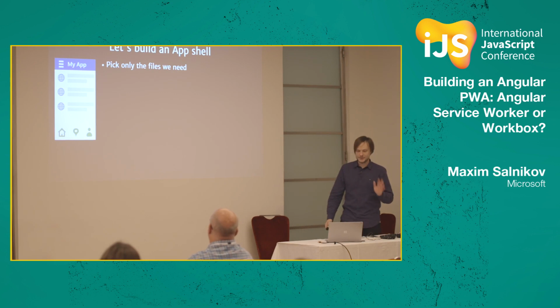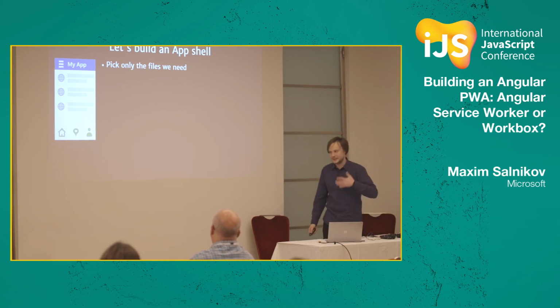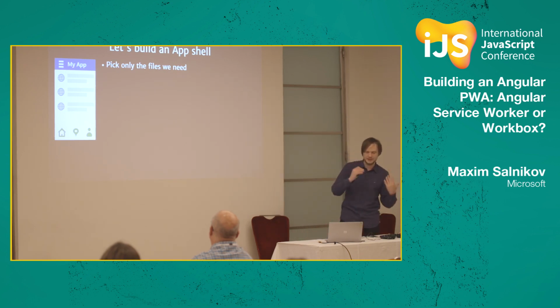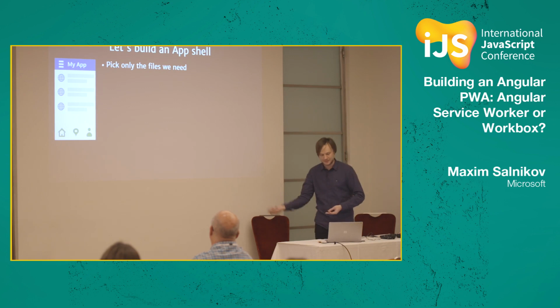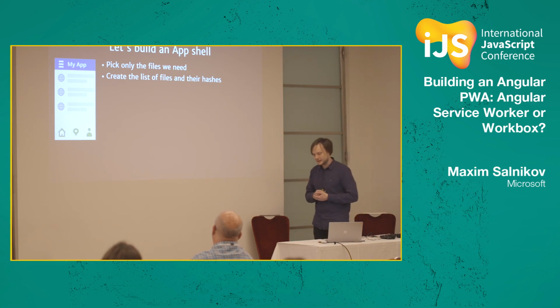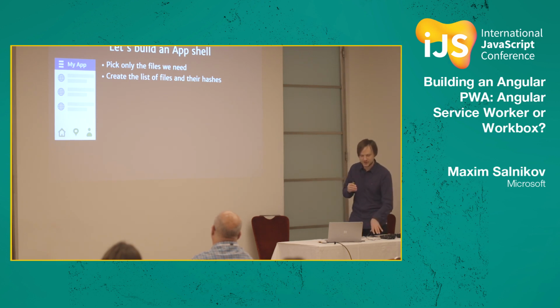Good. So first, we have to pick an exact, specific set of files, right? And the smaller, the better. So like index, of course, some main CSS bundle, main JavaScript bundle. Good. We create the list, and we don't want something we cached the very first time to stay in cache forever, right?